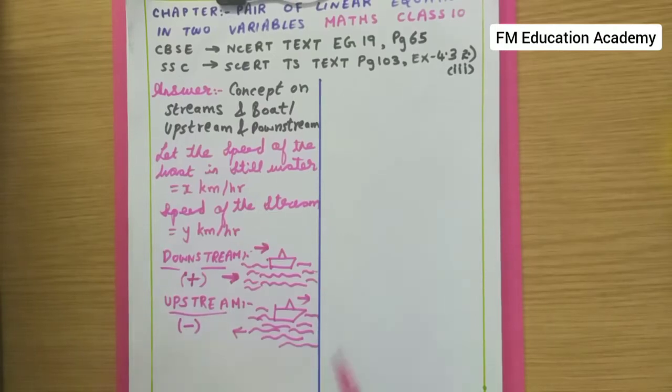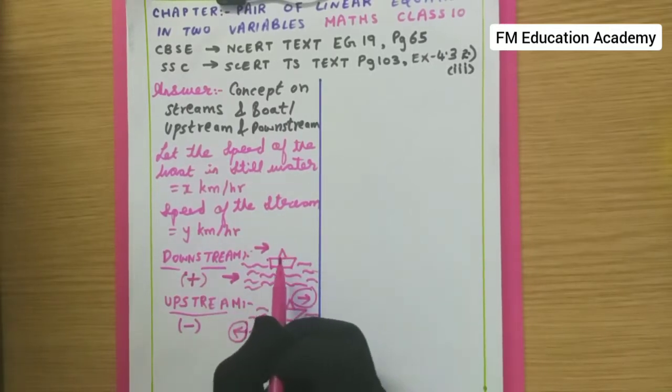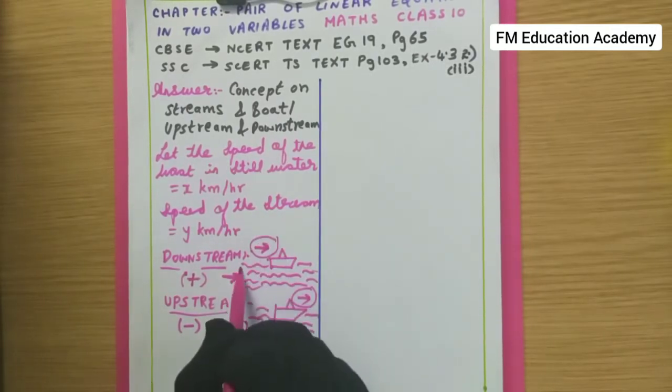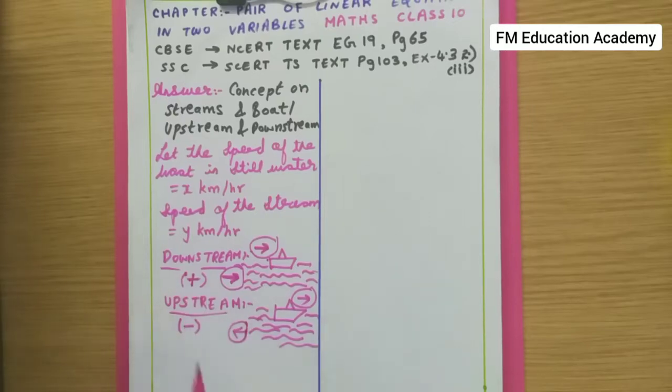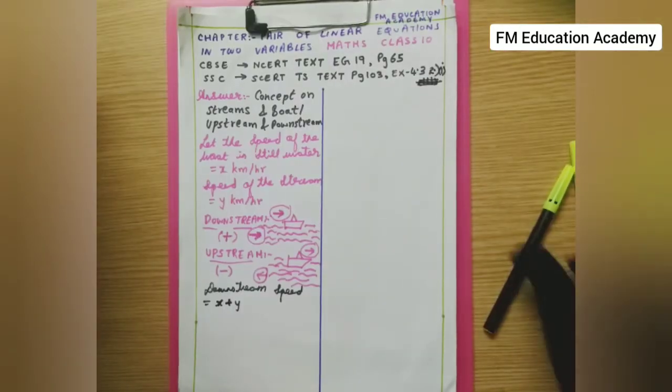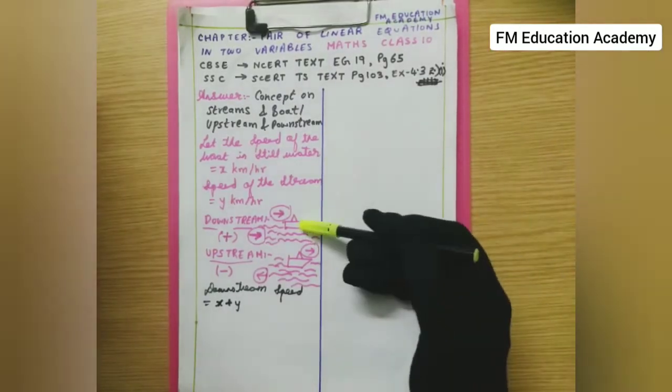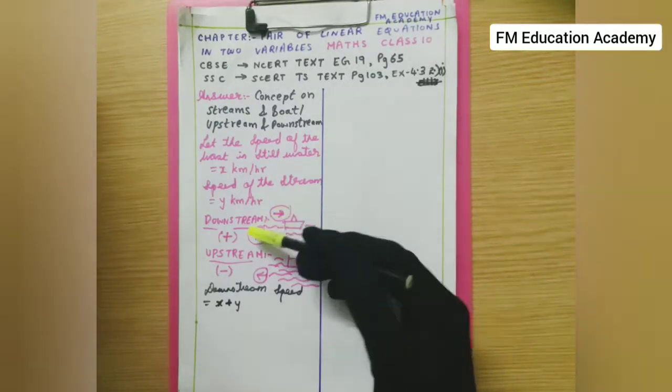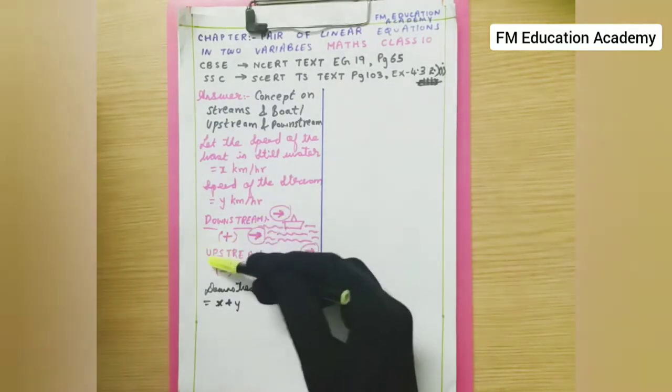So remember this: when the direction of the stream is opposite, use minus. When the direction of the boat and stream is the same, use plus. So here I got to know that when the boat and the stream are moving in the same direction, I will have a plus sign.